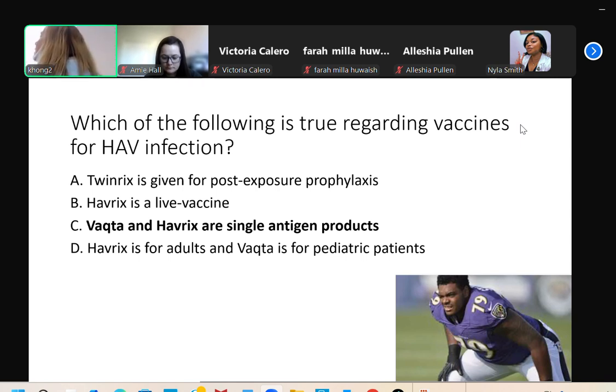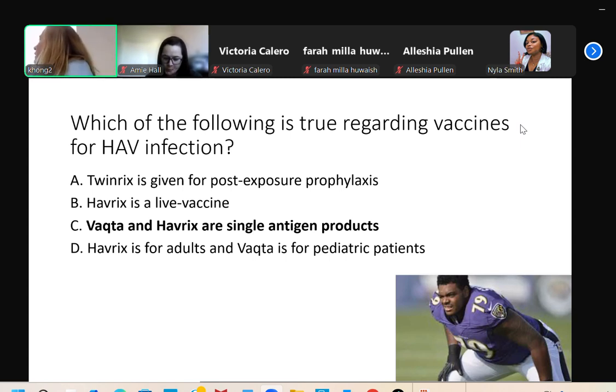None of them are live, okay? D, Havrix and Vaqta are interchangeable, okay? And they have the same overlapping indications and everything. So they are both for peds and adults.